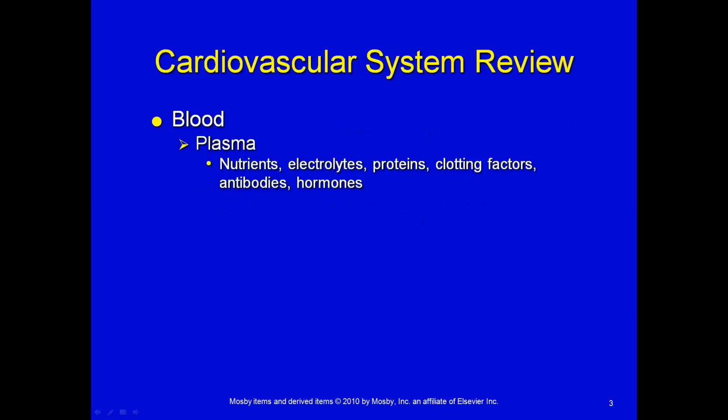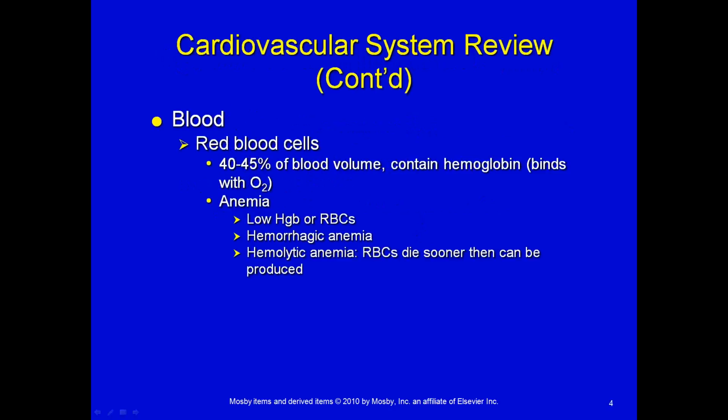We often think of hormones as being estrogen and progesterone, testosterone, and certainly those are hormones, but epinephrine is a hormone. Acetylcholine is a hormone. So there are a variety of different hormones that we find in the blood as well.